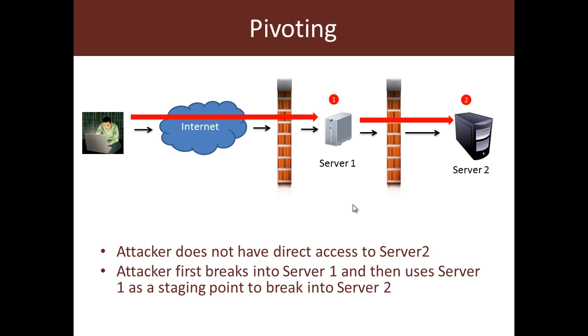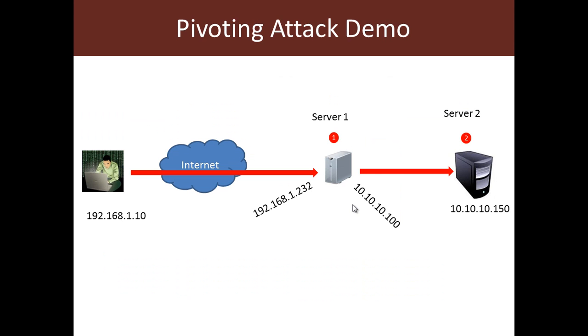So think of pivoting as a technique using which an attacker can break into machines much deeper into the network, to which he might not have direct access from where he is stationed currently. Right? So, the pivoting attack demo.